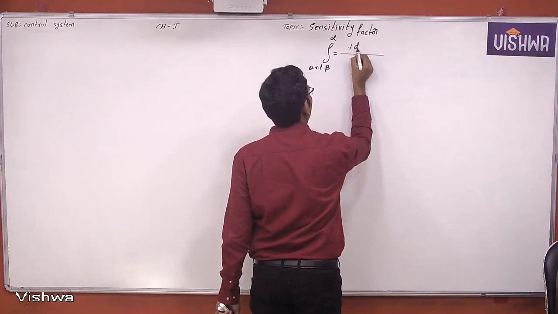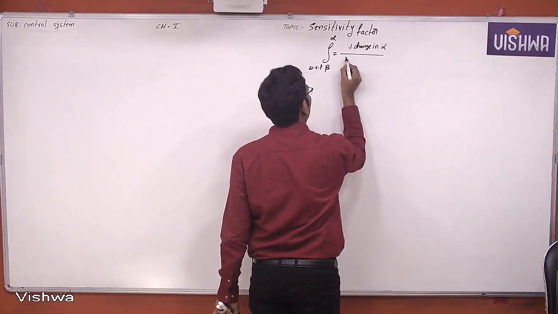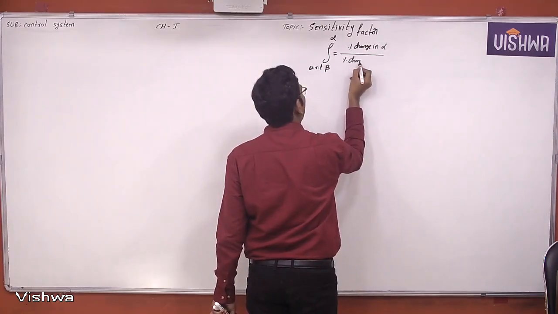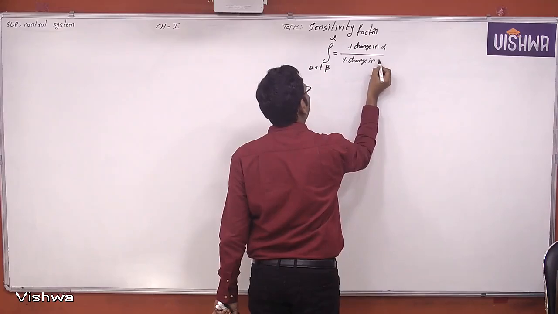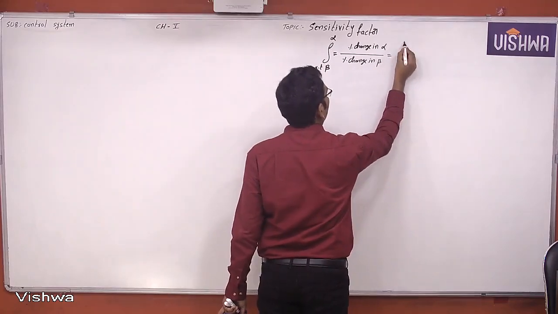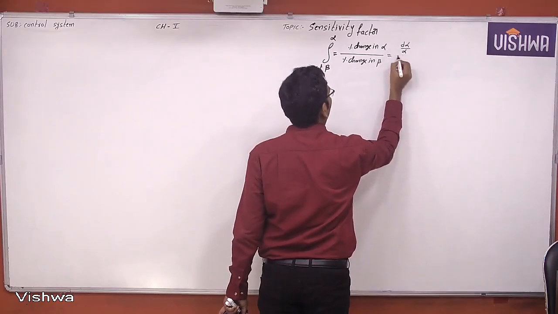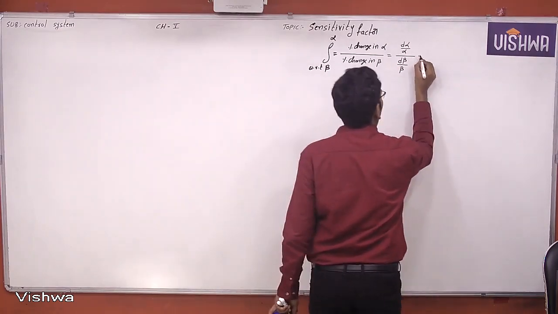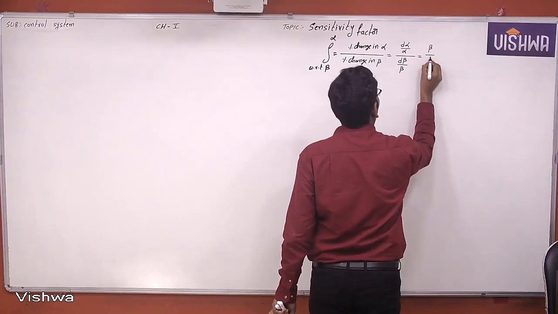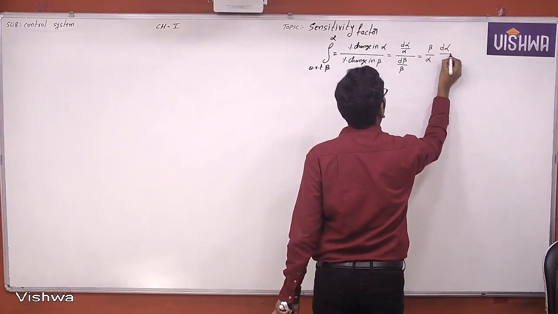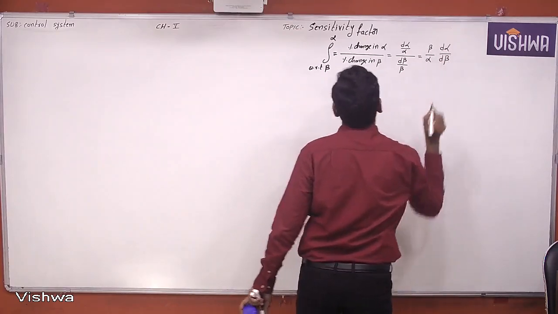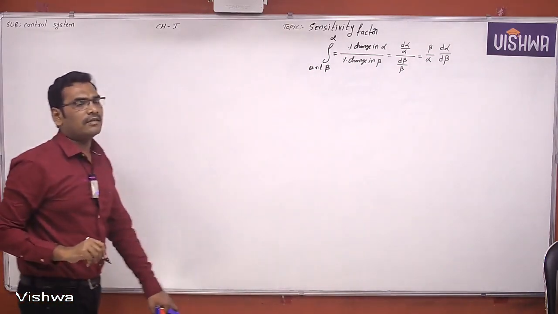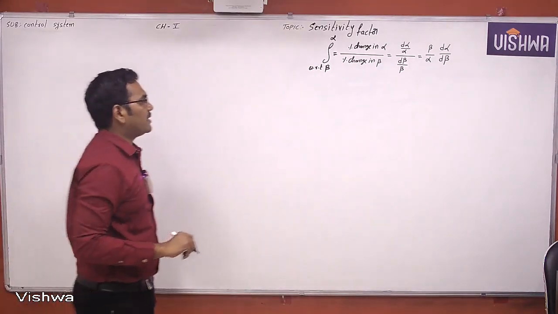It is the ratio of a small change in alpha to a small change in beta, which is d alpha by alpha over d beta by beta. Therefore, it is nothing but beta by alpha into d alpha by d beta. This is the sensitivity factor S, alpha with respect to beta.